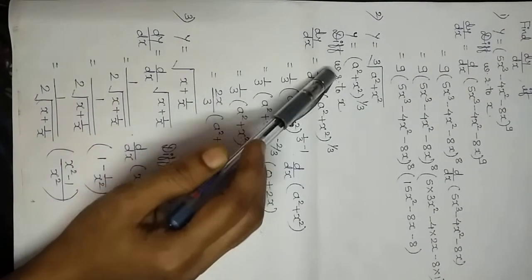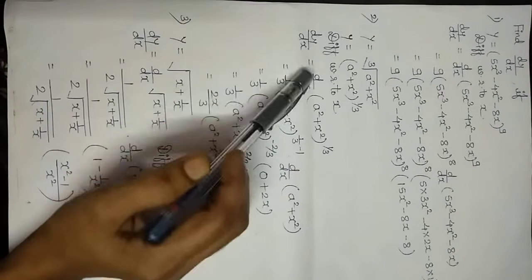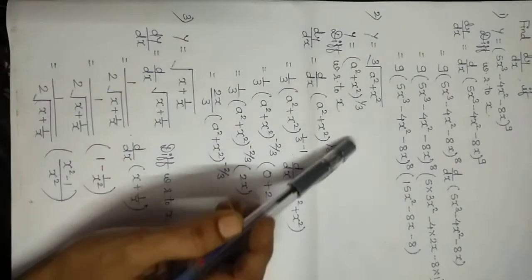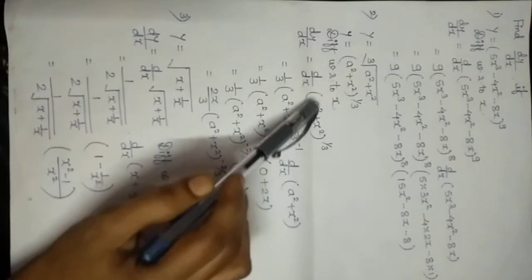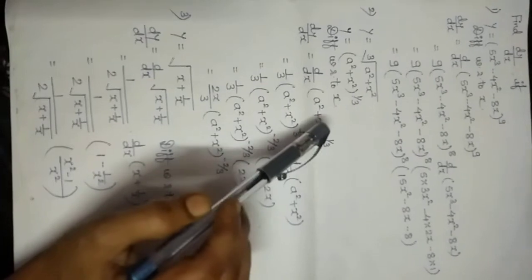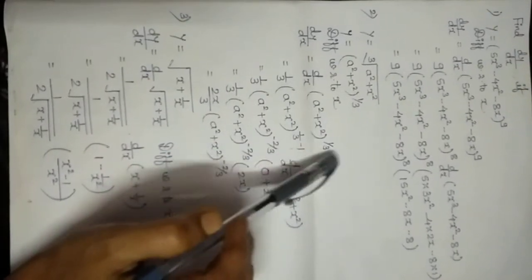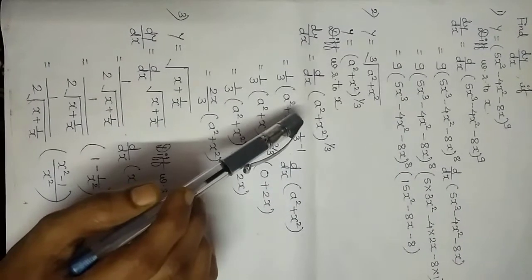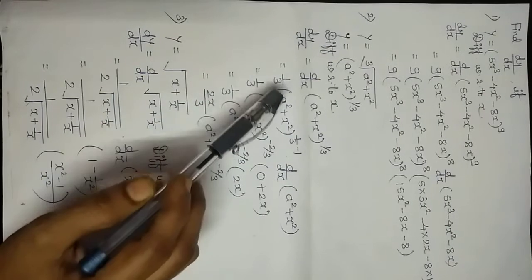Now differentiating with respect to x, so taking dy by dx on both the sides. Here also we will observe the given question carefully and this bracket term we will consider as x. So the question is in the form of x raised to n, and we know the formula while finding the derivative, n into x raised to n minus 1.